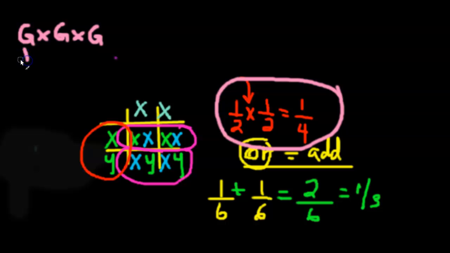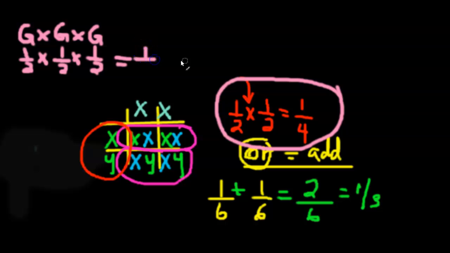It is a half. Second one being a girl is a half. Third one is also a half. A half, 50-50. Product rule, you're going to multiply those. 1 times 1 times 1 is 1.